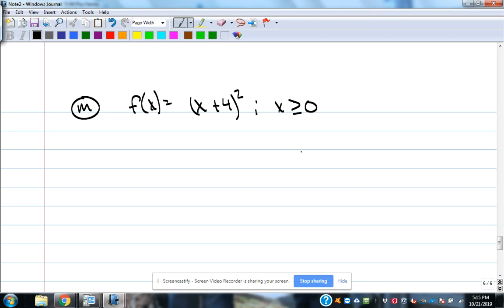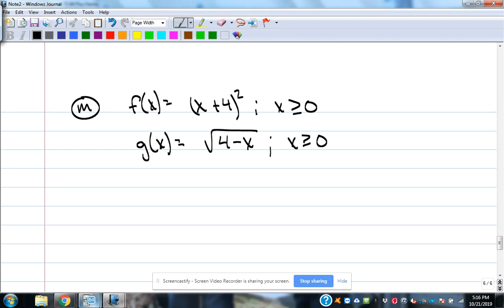And the restriction is x is greater than or equal to 0. And then g of x is the square root of 4 minus x. So we've got to be able to graph these things with our calculator. So that's just going to be tough, right?